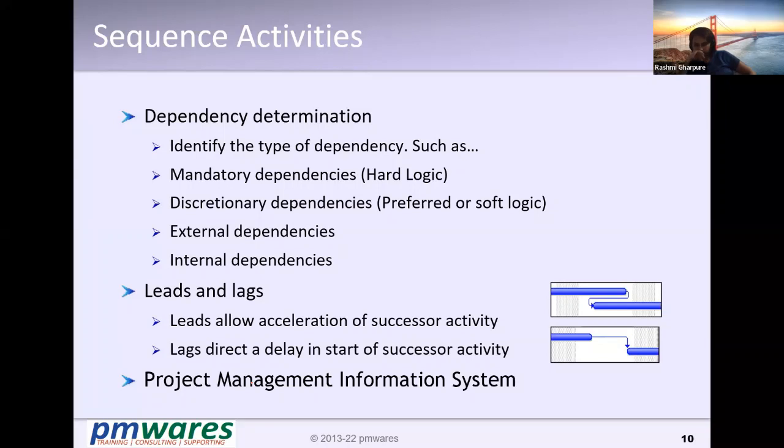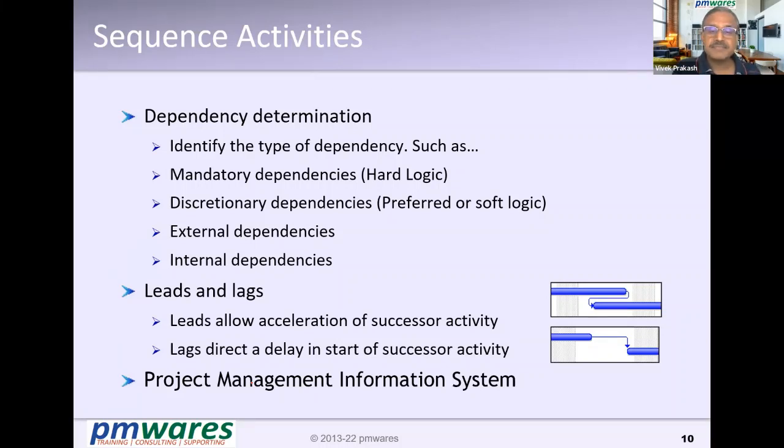But there are discretionary dependencies. For example, you need 4 columns to cast the slab. But what about the 4 columns? You can do them one after one, you can do two at a time, or you can do all 4 at a time. Your discretion. You can plan the way you want. So these are called discretionary dependencies.